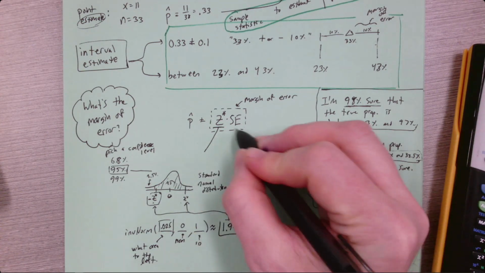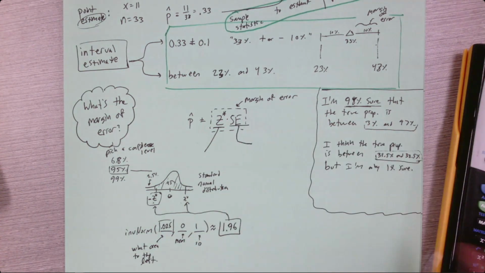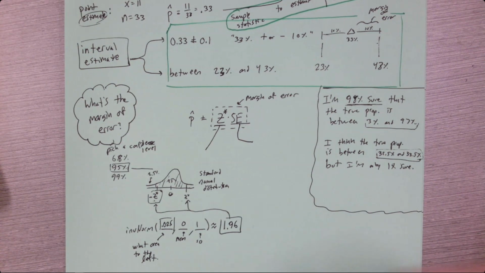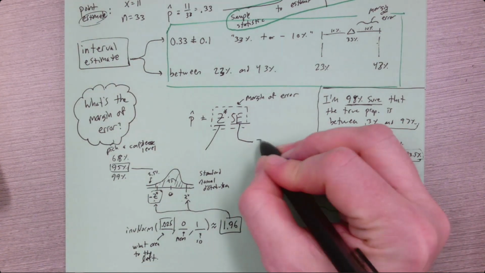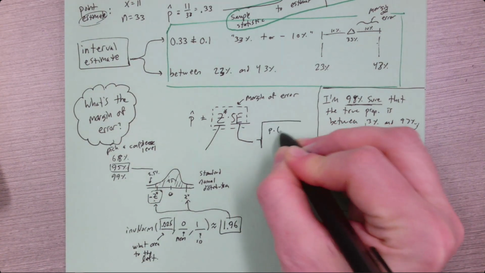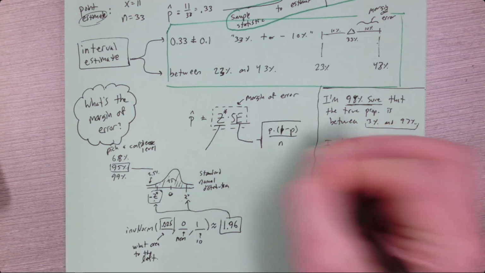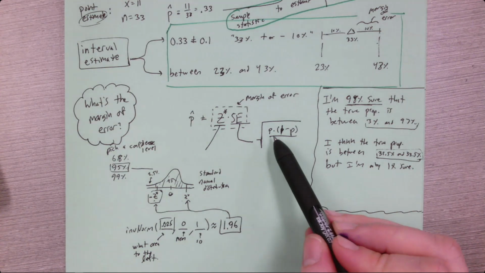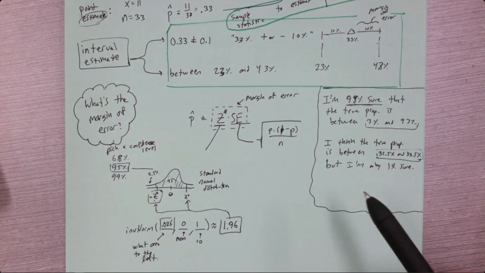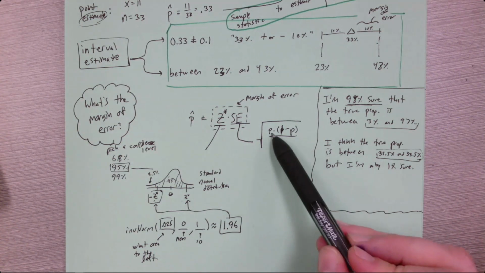Okay, so we've got our number. Now let's find standard error. So before, if we were doing a hypothesis test, the standard error was the square root of p times (1 minus p) over n. Let's think about why we can't use that here. Think about, what does p mean?